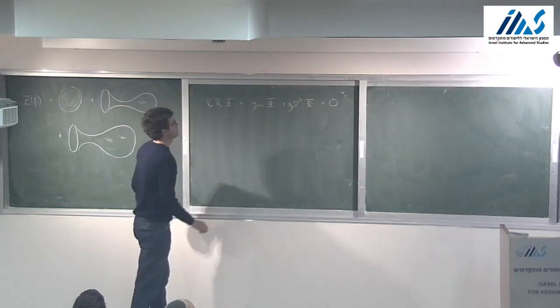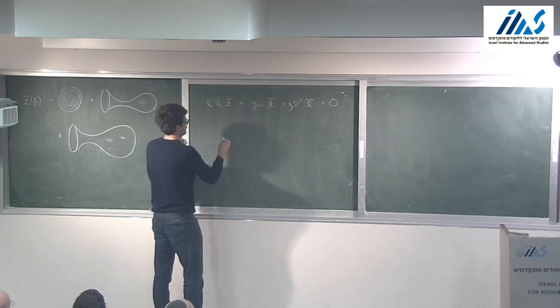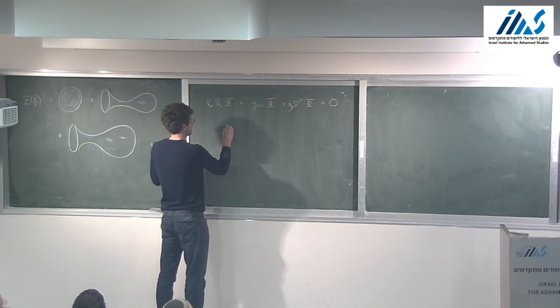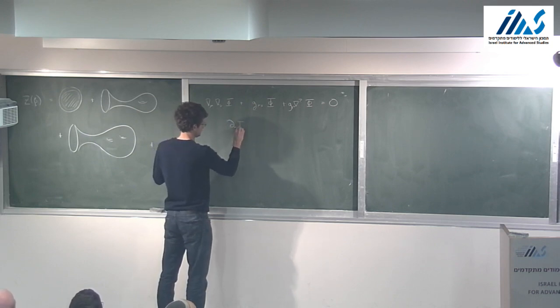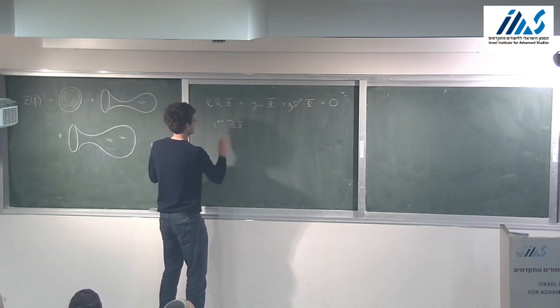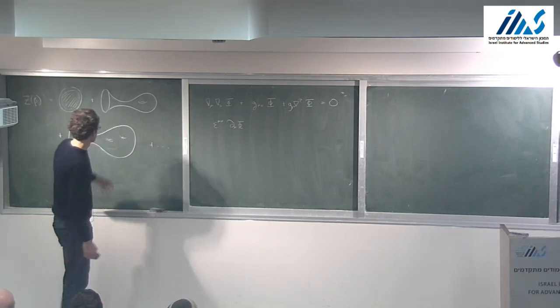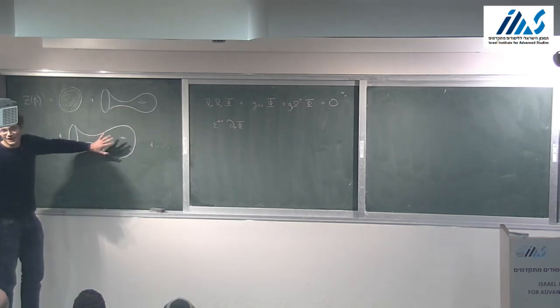And this equation turns out to imply that the geometry has a Killing vector. The Killing vector is this vector. And that implies that the geometry has to have a symmetry. But these geometries do not have any symmetry.